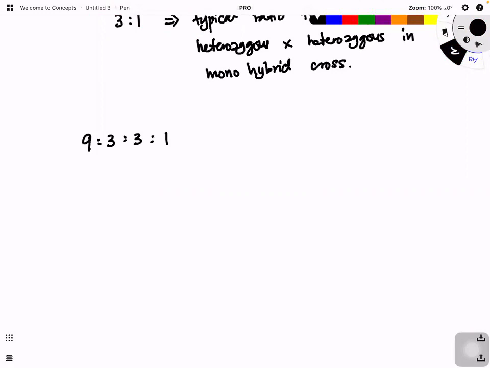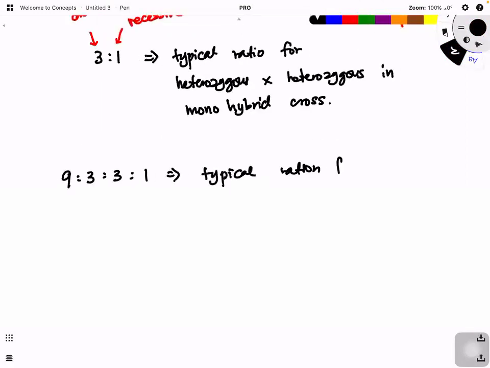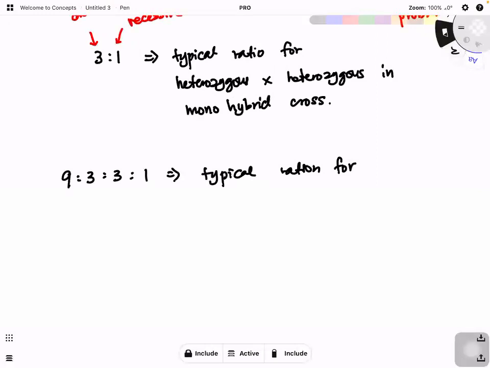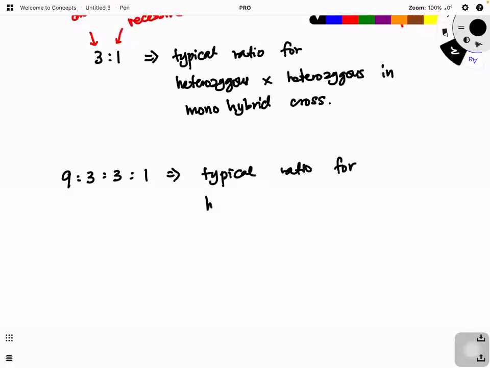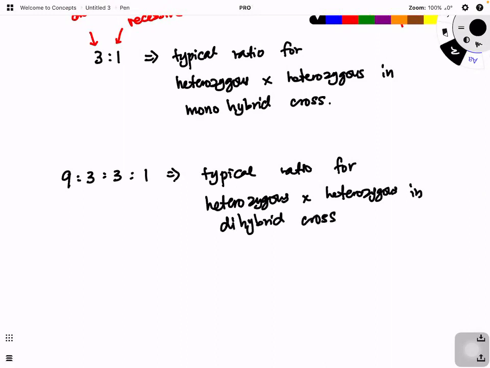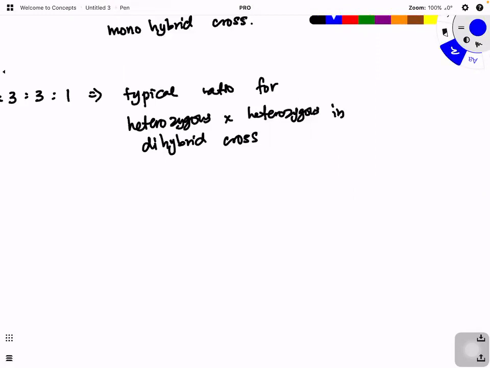So what does dihybrid cross mean? It's the typical ratio for a heterozygous cross with heterozygous in a dihybrid cross.